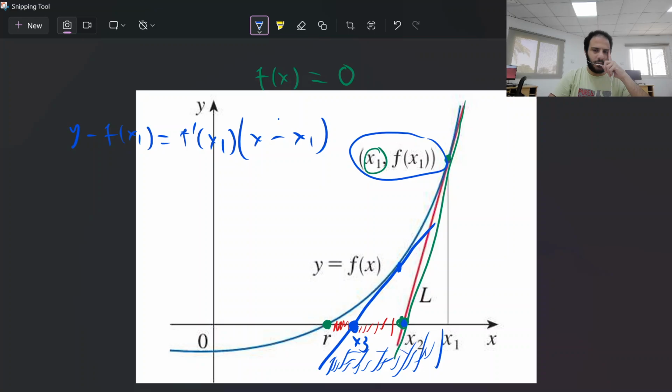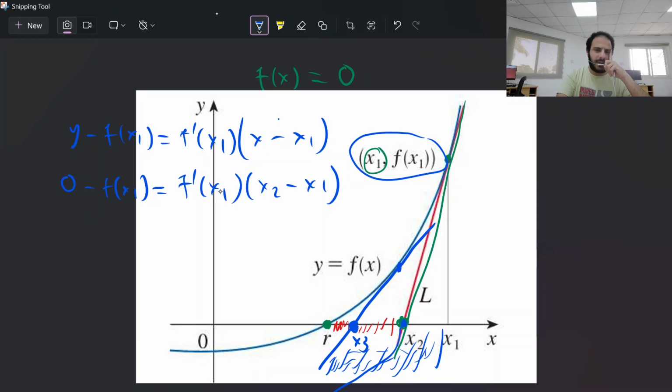What's the point x2? The x value is x2. The y value is 0, right? Substitute x2 and 0 here. You get 0 minus f of x1 equals f prime of x1 times x2 minus x1, right?